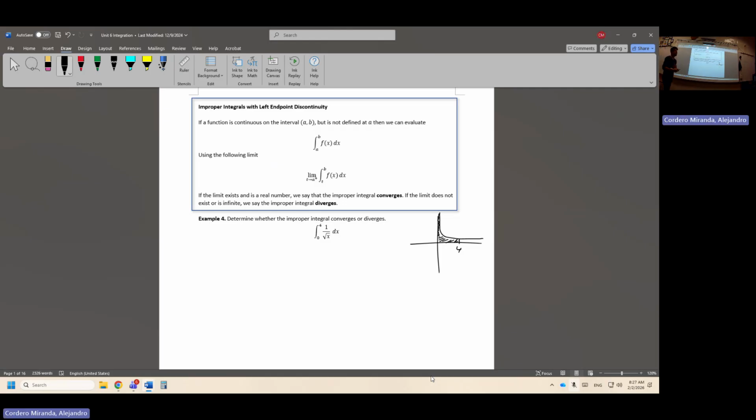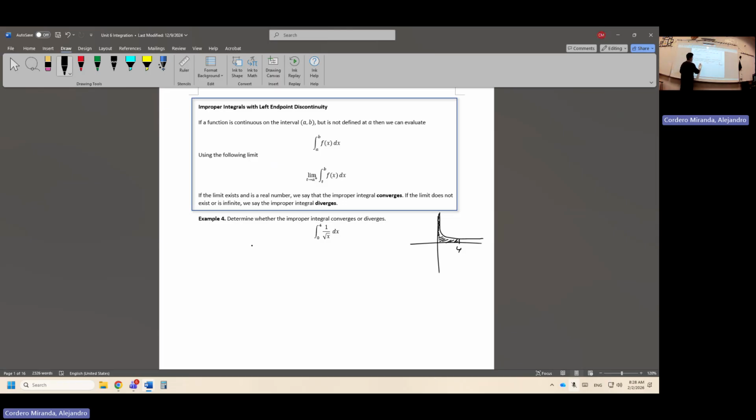And so that's where the improper part of this integral comes in, is that this is an infinite amount of space that you're covering. So again, you deal with it the same way. It's improper to plug in the actual 0 because that would make this undefined. Well, you can plug in a number and see what happens if that number goes to 0.